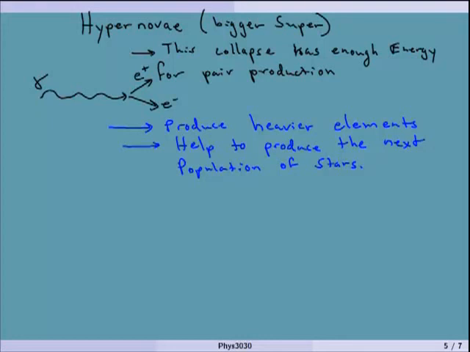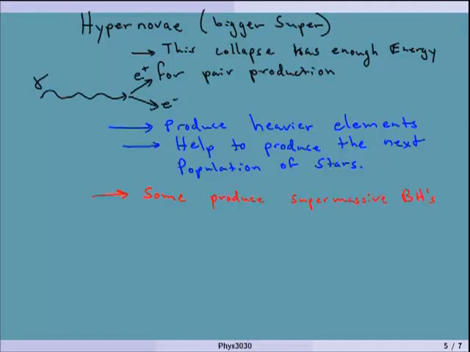Okay. And then some of these are big enough. Well, it's not big enough, but some are. Just put it this way: some produce what we call supermassive black holes.